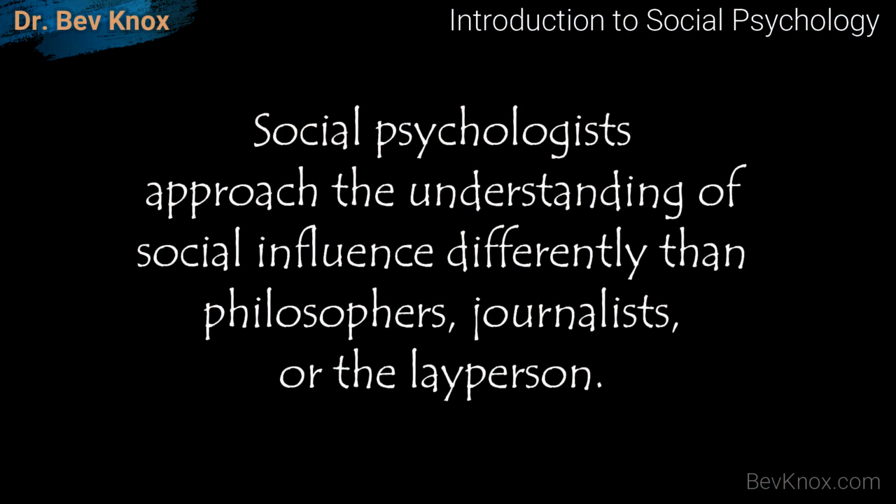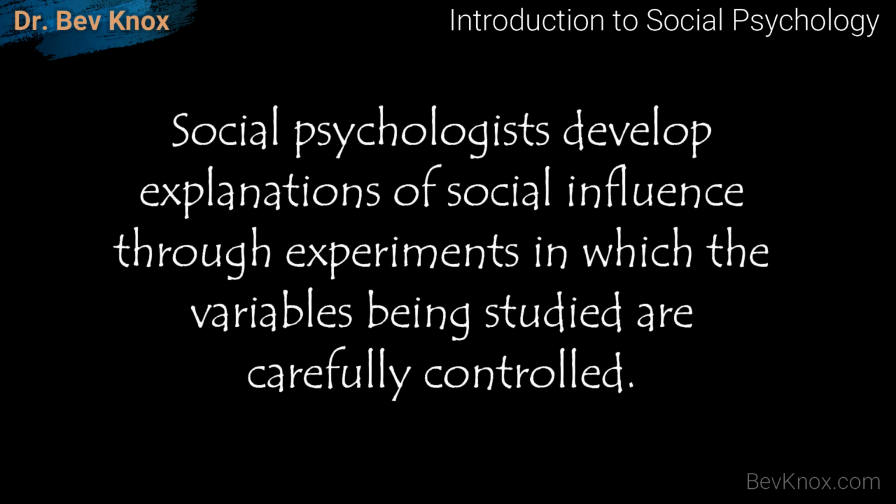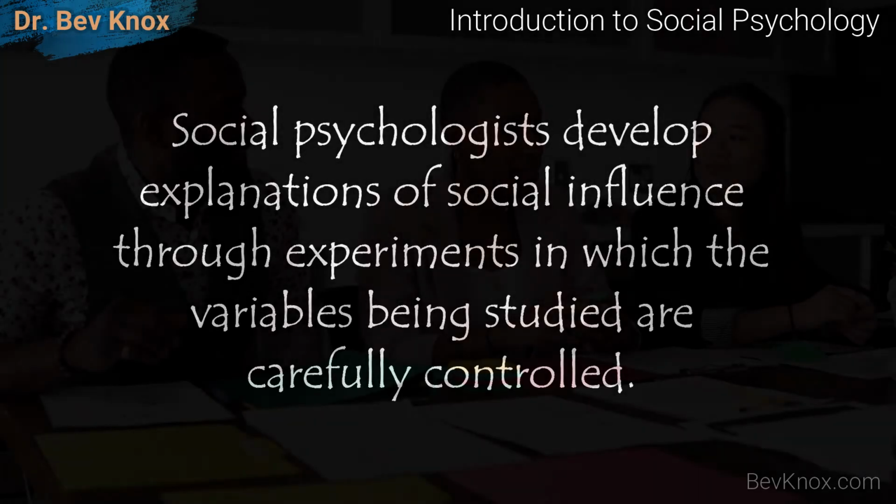Social psychologists approach the understanding of social influence differently than philosophers or journalists or even the layperson. Social psychologists develop explanations of social influence through experiments in which the variables being studied are carefully controlled.